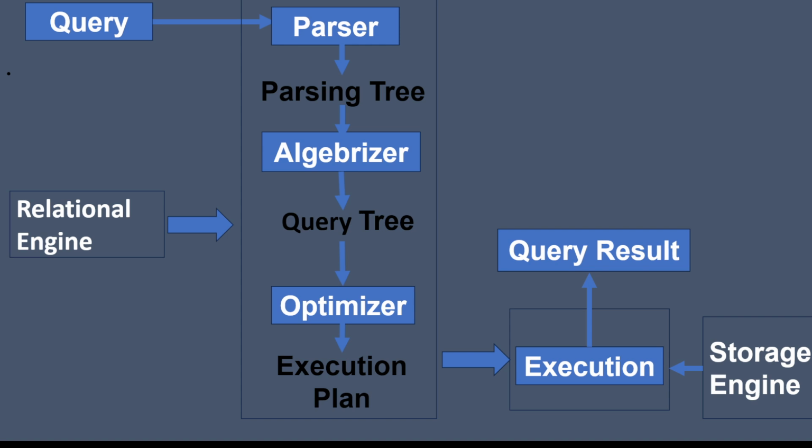Basically, this is the work of the algebraizer, and the output of the algebraizer is the query tree. Simple. The query tree will be the input for the query optimizer for the SQL Server execution plan.